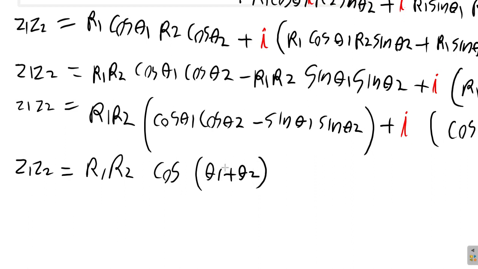In general form, cos A cos B minus sine A sine B is cos of A plus B, but instead of A and B, we're using theta 1 and theta 2, plus i.